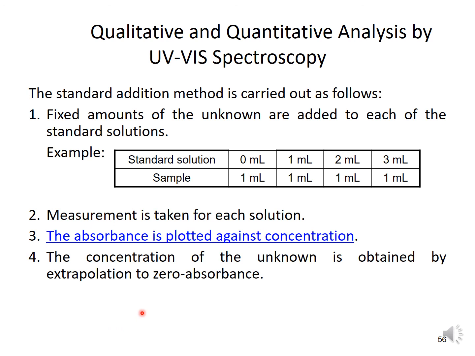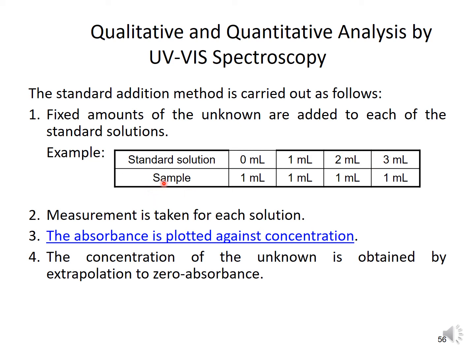So for this example, you can see the flow of how they carry out the standard addition method. A fixed amount of the unknown is added to each of the standard solutions. So here, for example, this is your standard solution: 0 ml, 1 ml, 2 ml, and 3 ml.